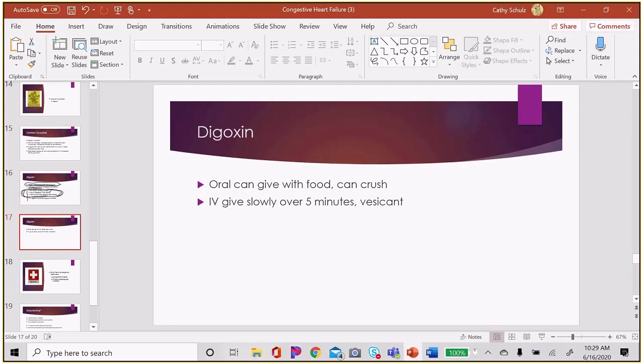So you can give digoxin oral with food. This is actually one of the medications you could crush. For IV, you have to give the medicine slowly over 5 minutes and be sure the IV is working, because it's what's called a vesicant, which means that if the medication gets outside the vein, it could potentially hurt the skin and actually cause what looks like a burn or skin necrosis.